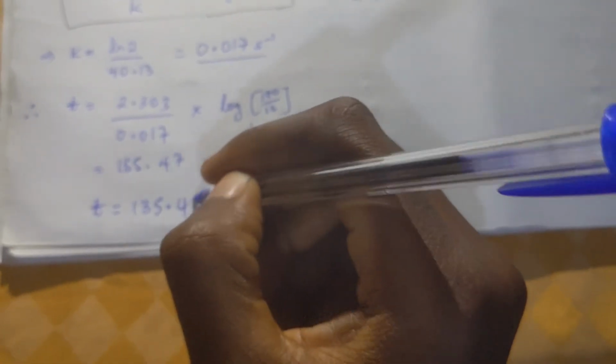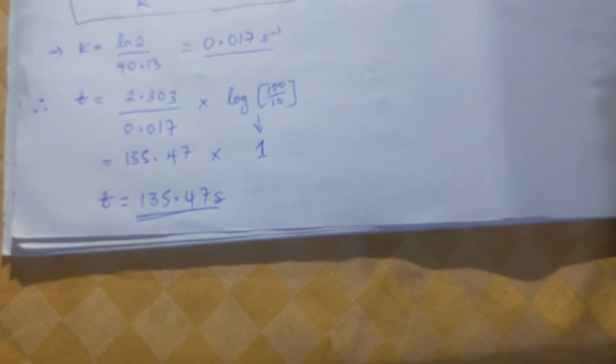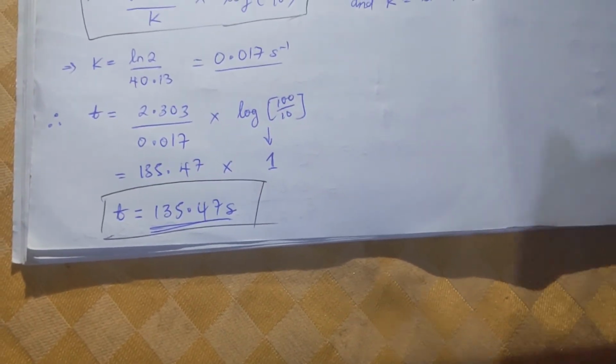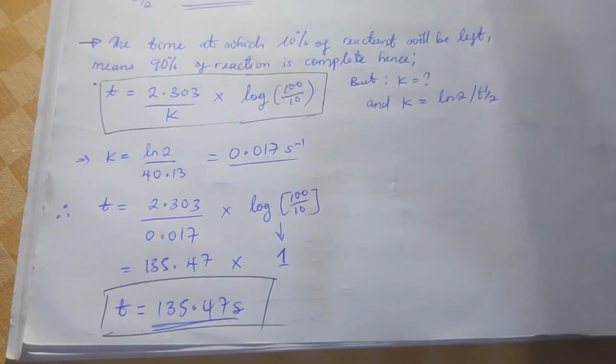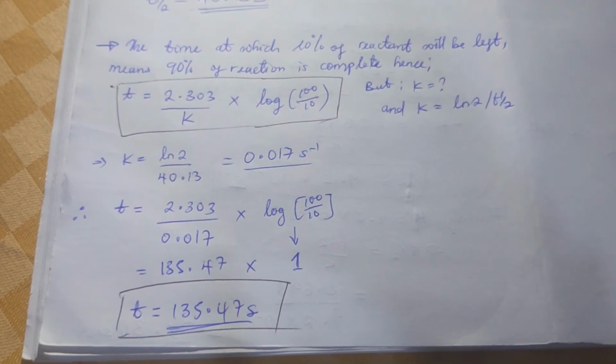Punching that, we have 135.47 times 1. So T equals 135.47 seconds. So that's that for question 1, Enzymology BCH 401.